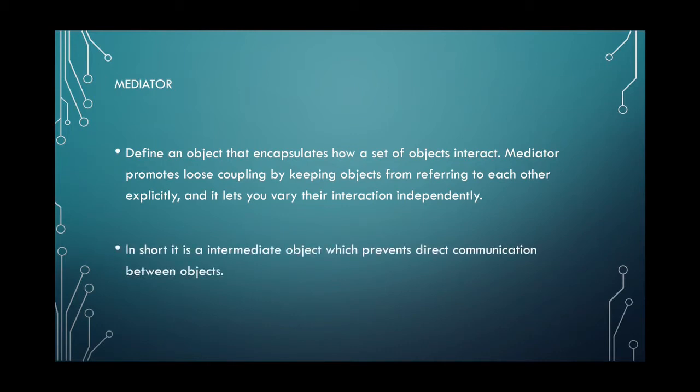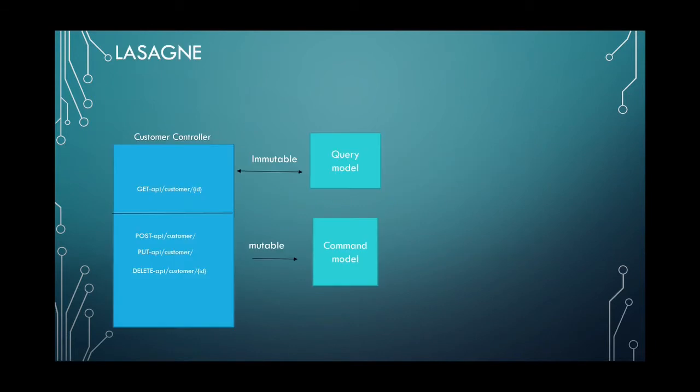In short, a mediator is an intermediate object which prevents direct communication between objects. Now let's see how this mediator can be introduced into the spaghetti pattern and how that could be changed into the lasagna pattern.